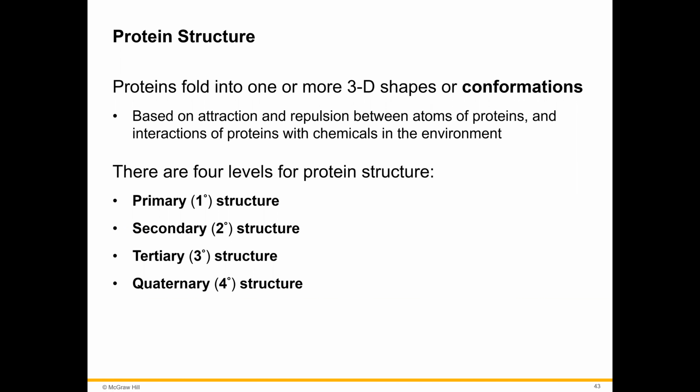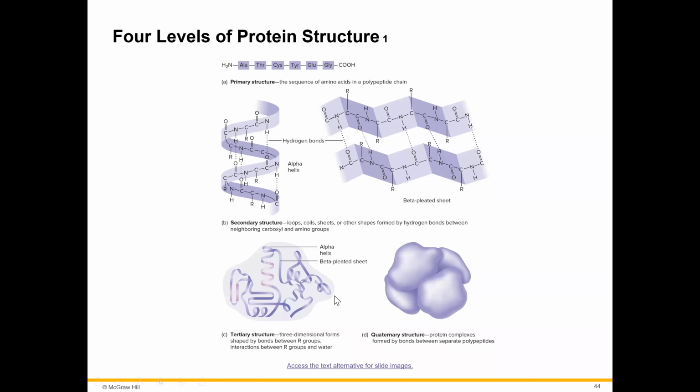So we have 4 levels of protein structure: primary, secondary, tertiary, and quaternary. So here's our primary. The primary structure is just the sequence of amino acids. So it's shown over here. That's our primary structure.